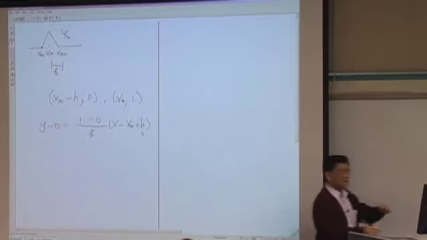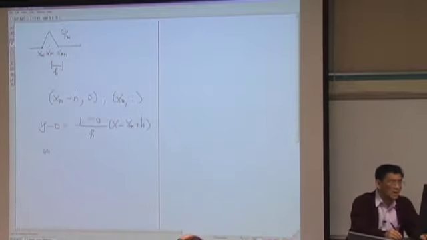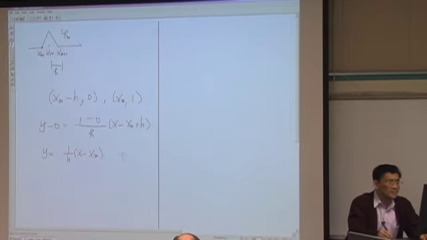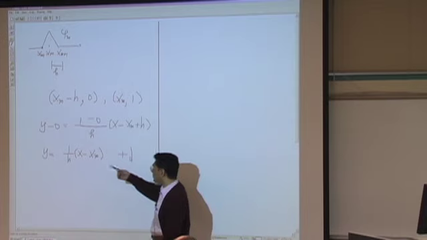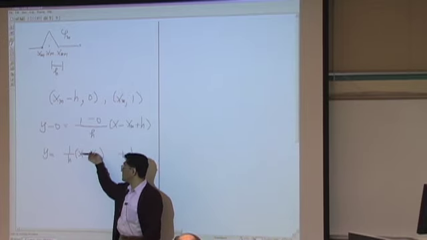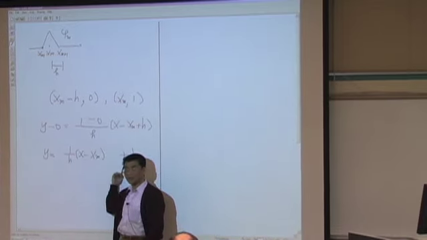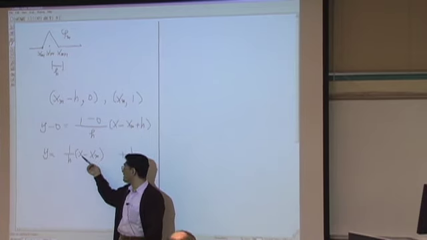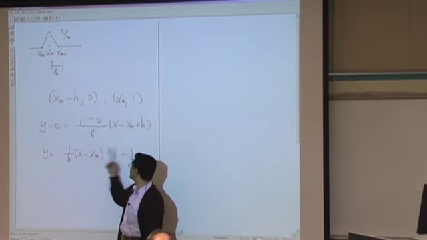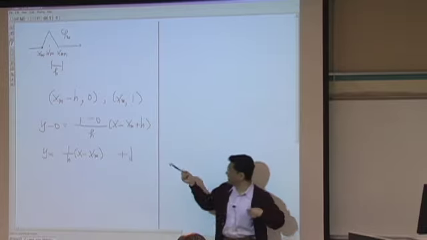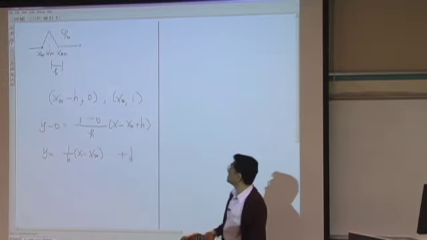And if we simplify, y equals 1 over h, x minus xm, plus 1. So please check it. When x is equal to xm, what happens? y is what? 1. When x is equal to xm minus 1, then what happens? This is minus h, so plus 0, right? Minus h over h is negative 1, and then plus 1, 0. So this is correct.